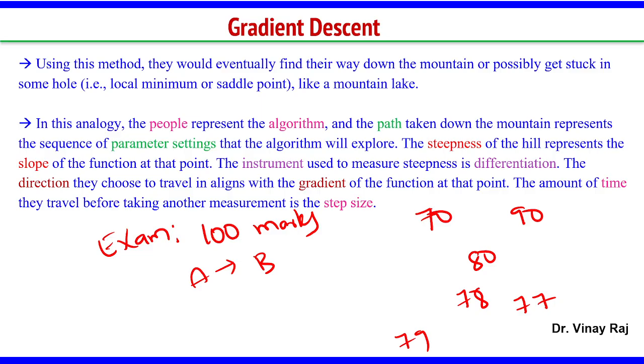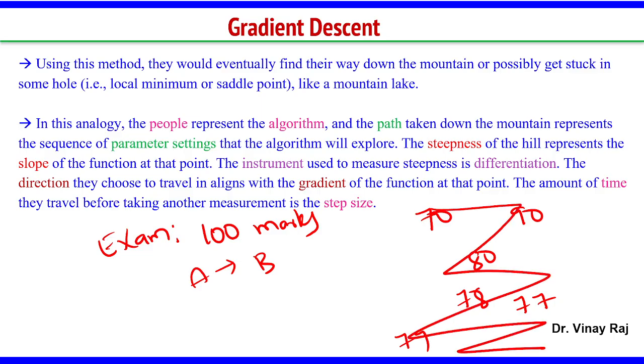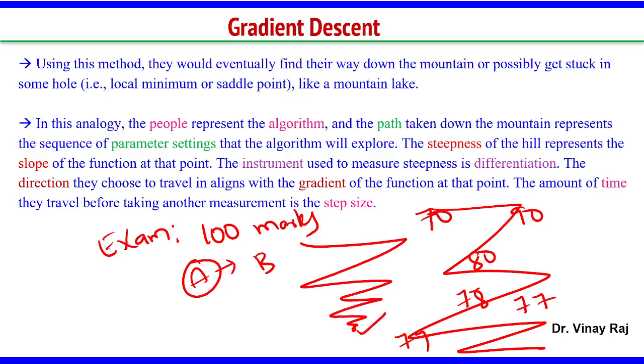Like this, by making different guesses, in maybe some 10 guesses, you are able to find the exact marks which A has got. We generally do this: you ask your friend to guess, again guess, you are near, you are close. This way we keep doing it, and between different values you somehow reach the actual point. So this is the logic of gradient descent.